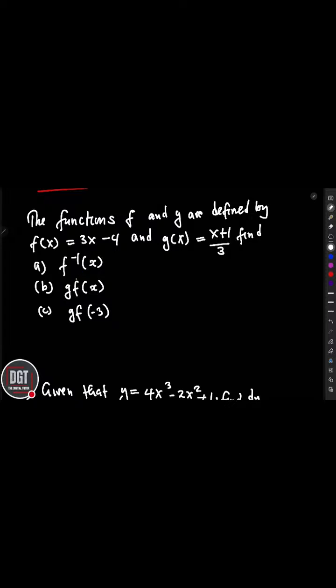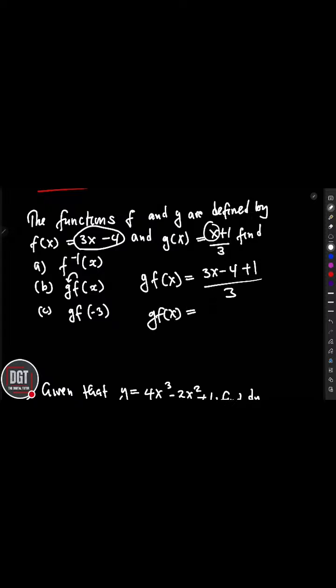Last time I said the second function is the one that you replace in the first one where there's x. So the whole of this is going to be replaced where there's x here. So gf(x) equals 3x minus 4 plus 1, divided by 3.